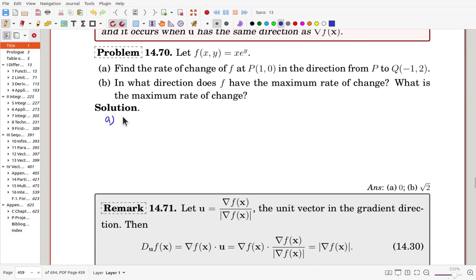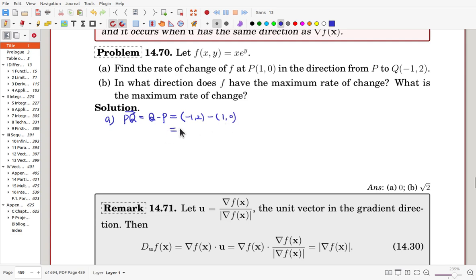We have to decide first the direction, the unit vector. The direction is given from P to Q. So terminal point is Q and beginning point is P. Q is (-1, 2), and P is (1, 0).